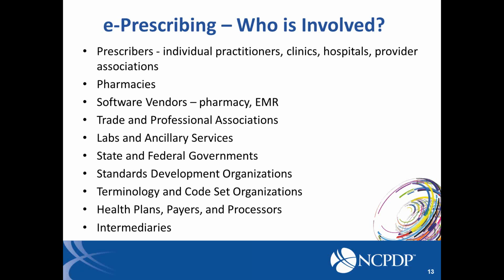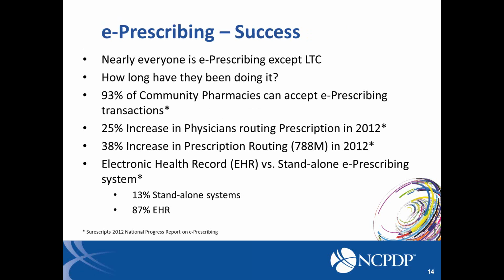Certainly health plans, payers, and processors, and also the intermediaries. And by the intermediaries, these would be the organizations that sit between the prescriber and the dispenser that actually do the switching of the electronic prescription from the point of origin to the point of destination. Next slide.